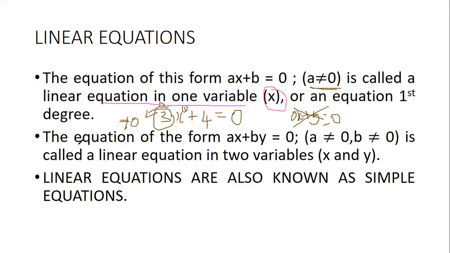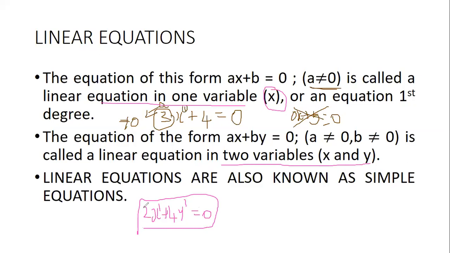Now let us understand equations of the form with two variables. Now we have x as well as y. Let's take an example: 2x plus 4y is equal to 0. So this is also a linear equation, because the power of the variables is 1.